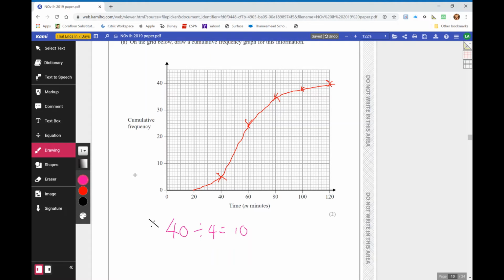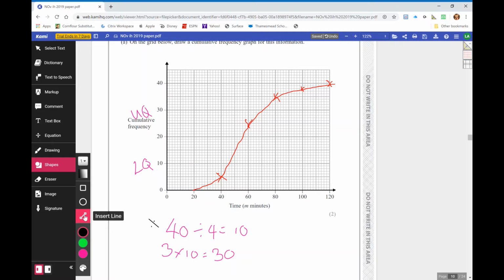Our second quarter would be 20, so that's sort of halfway. And our third quarter, so the lower quartile, would be on 10. The median would be on 20. And the upper quartile would be on 30, because that's 3 quarters. So then you do 10, if you wanted to, 3 times 10 equals 30. They do normally give you some nice numbers.